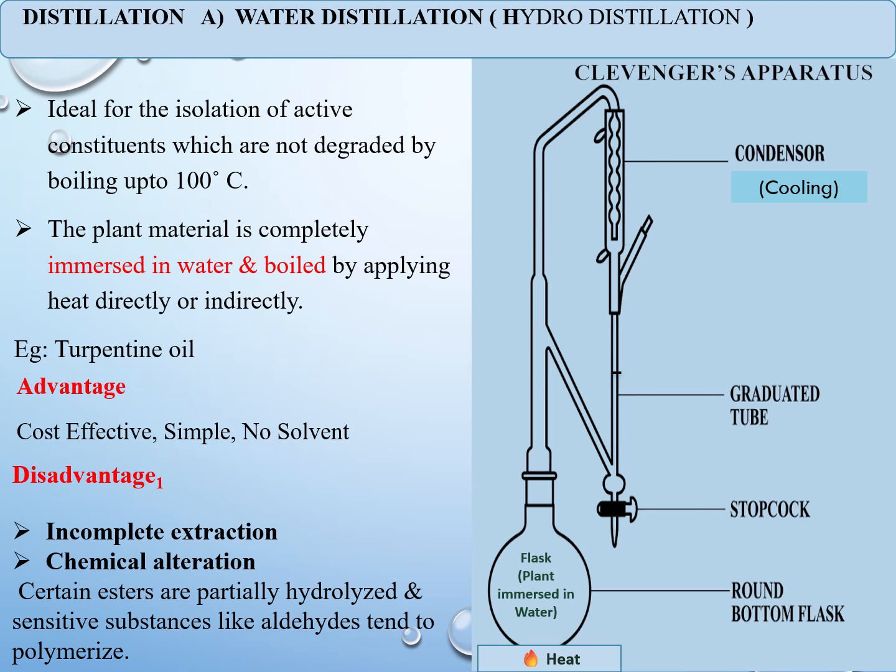For example, the esters, when we are boiling at a higher temperature, may partially hydrolyze, and very sensitive substances like aldehydes tend to polymerize. So these are the two important disadvantages of this hydrodistillation method.